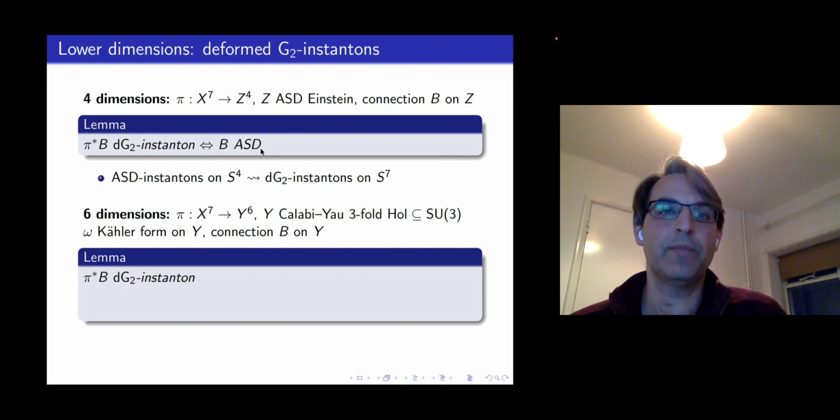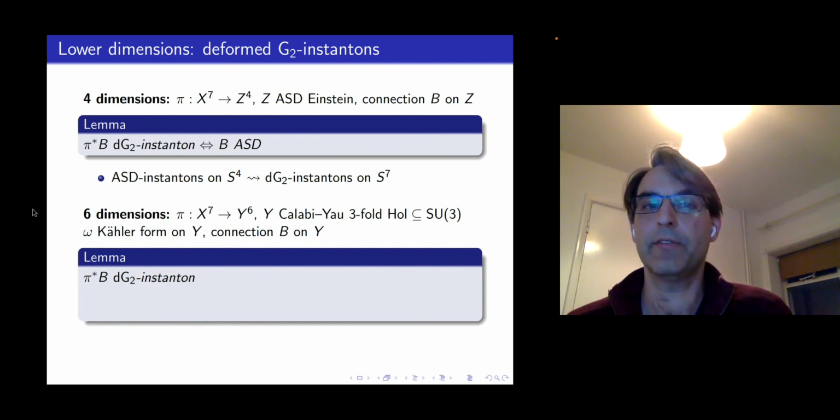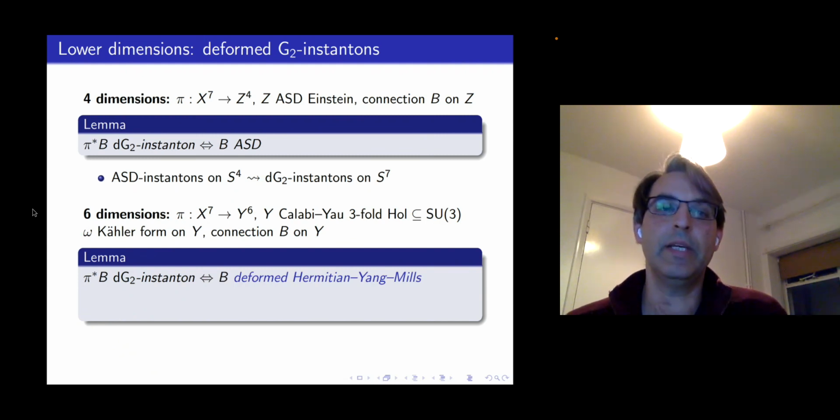So, given this lemma, you might guess that it has to be Hermitian-Yang-Mills again. But actually, what happens is something slightly different. It turns out that B has to be what's called deformed Hermitian-Yang-Mills. And this motivates the name deformed G2 instanton. And what does it mean?